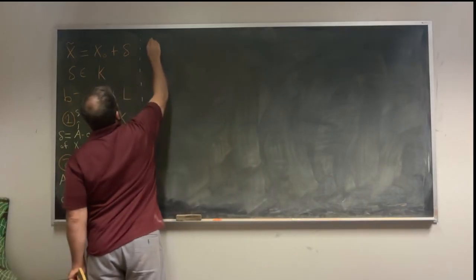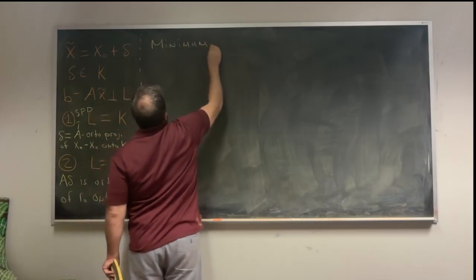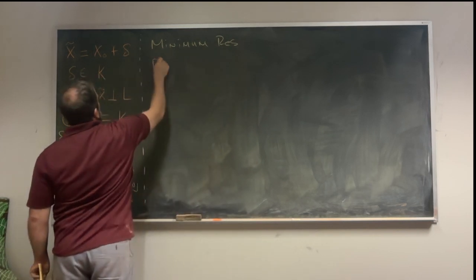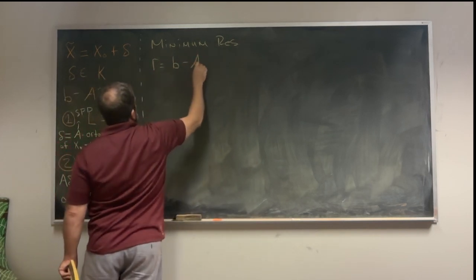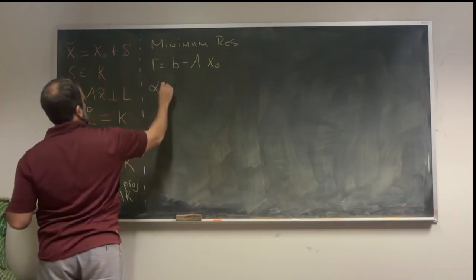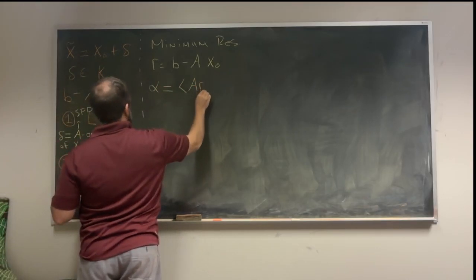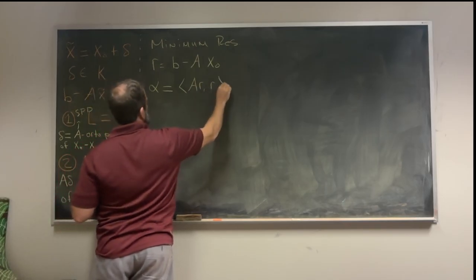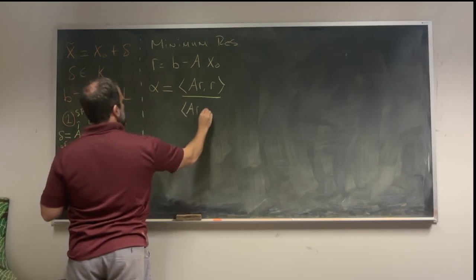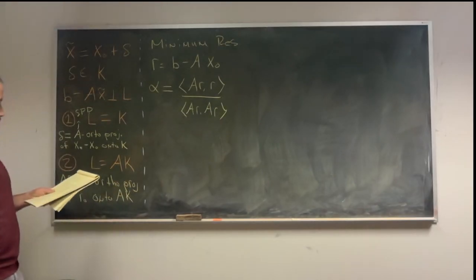Okay, so here's the algorithm. I'm going to do the same thing. This is minimal residual, or minimum residual. R is equal to B minus A X naught. Alpha is going to be ARR divided by, and since I'm not writing anything right there, these are just the standard Euclidean inner products.